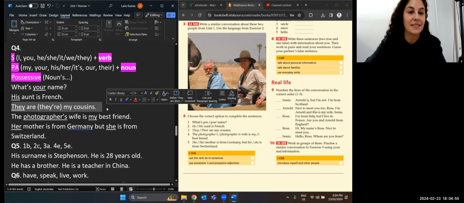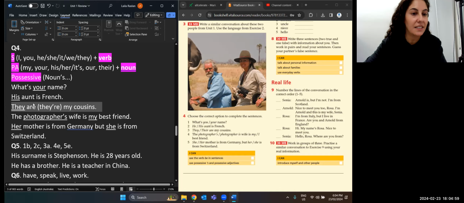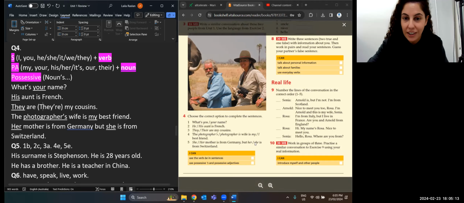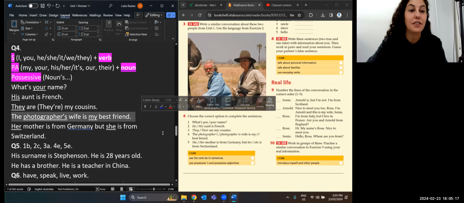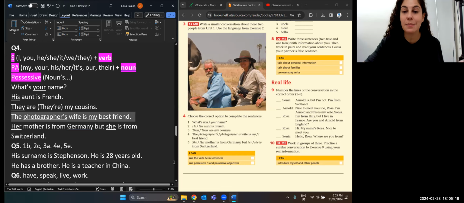Number 3, they are my cousins. So just a subject and the verb to be, they are my cousins. Or you can connect it, they're. Number 4, the photographer's wife is my best friend.